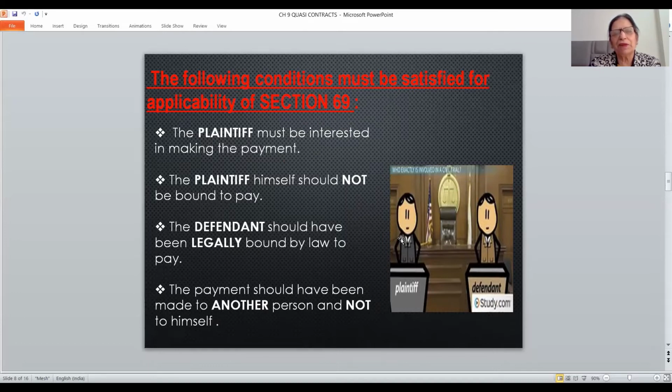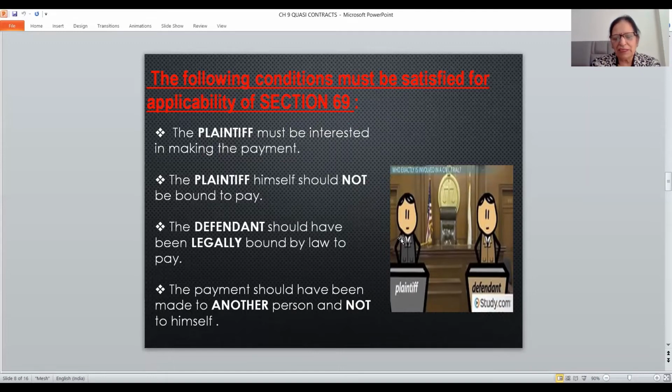So B makes a payment on behalf of A. Now B must be reimbursed by A. Why has B made the payment? B has made the payment because he has his own interest in the payment, and A was bound to make this payment by the law. So friends, B should be reimbursed by the law under this quasi contract under Section 69.